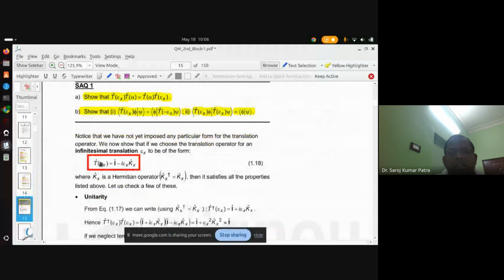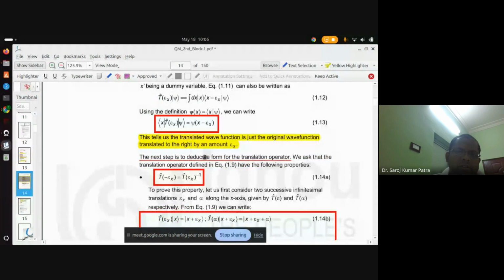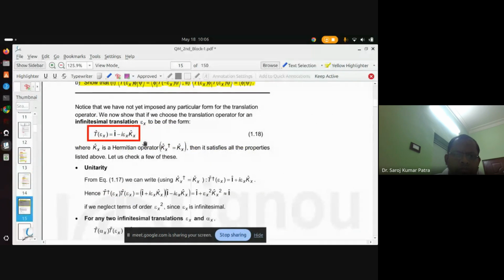Now we are claiming that if T can be represented like this, with K being a Hermitian operator, that K dagger is equal to K, then this T will satisfy all the properties listed here. So we can possibly choose this one. It is not necessary that this is the only one. If we can find another one which will also satisfy, then we can think of it.